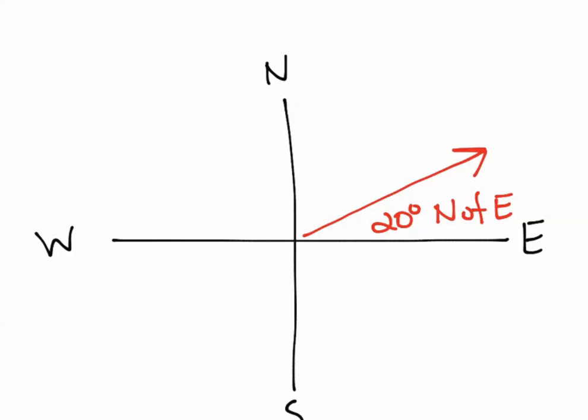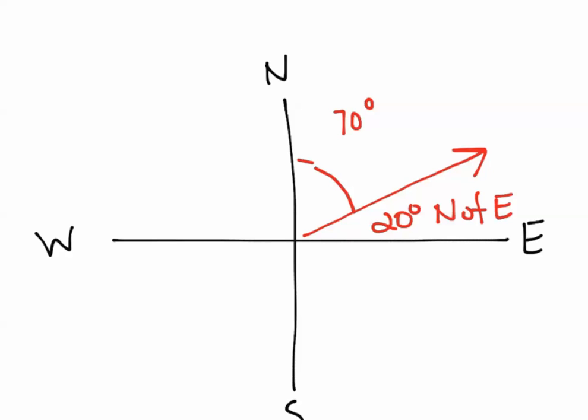Here between north and east we have this vector. It has a direction of 20 degrees north of east. What that means is from the east we're rotating 20 degrees towards the north. We recognize that there is an angle measure above here of 70 degrees.